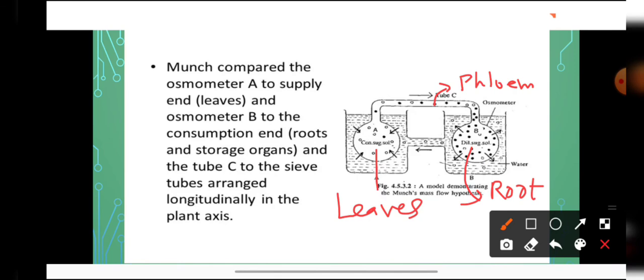So because of the low concentration of organic solutes, there is less turgor pressure. So a turgor pressure gradient is created between the supply or source and the sink end, and this turgor pressure gradient will cause the mass flow of water along with the solute particles through the phloem region.